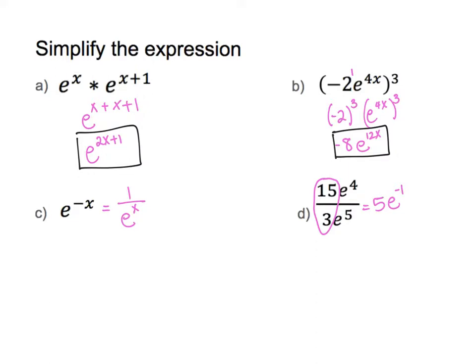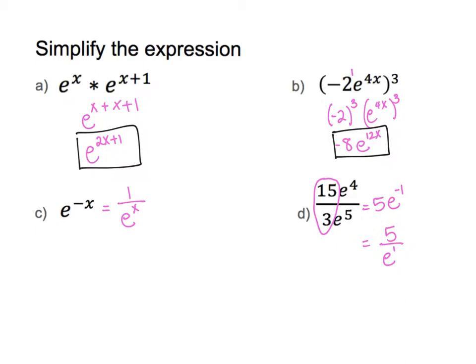So I actually have to make a fraction. And e now goes in the denominator, so I can make this a positive 1 exponent. But this 5 here, where does it go? Well, 5 doesn't have a negative exponent, so it gets to stay where it's at. In other words, it gets to stay in the numerator. It doesn't go in the denominator.